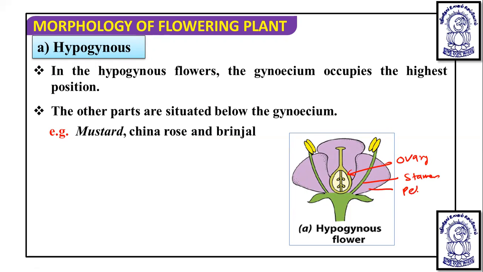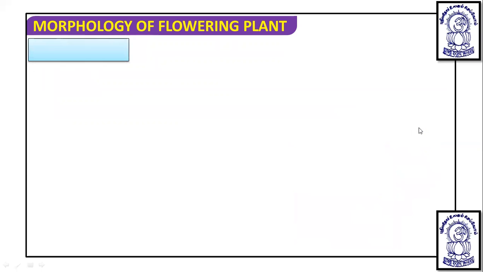This is the petal, and this is the sepal. Sepal is forming the calyx, petal forms a corolla, and stamen forms the androecium. These three originate from the base of this ovary. Because of this, we are calling it a hypogynous flower. But the ovary is at the top position, so the ovary is superior. Okay, and it is found in mustard, China rose, and brinjal.